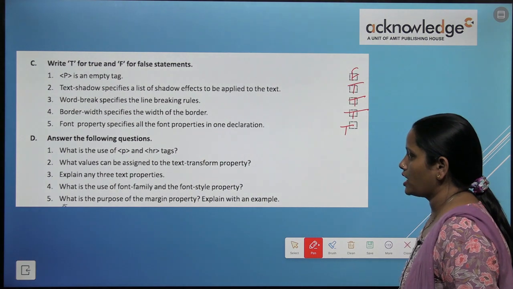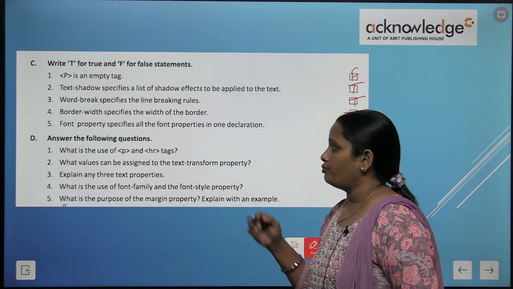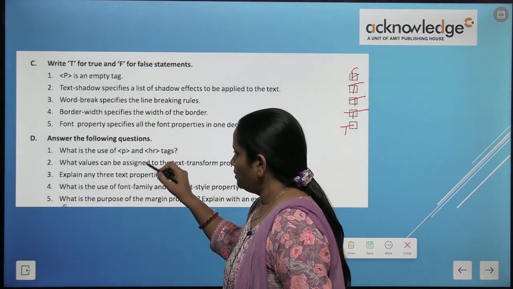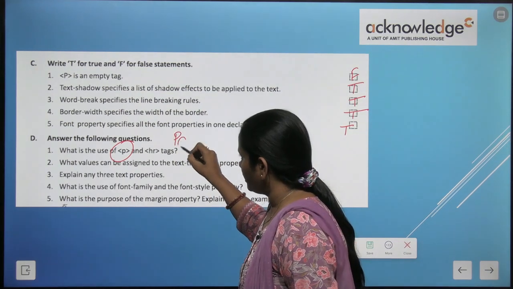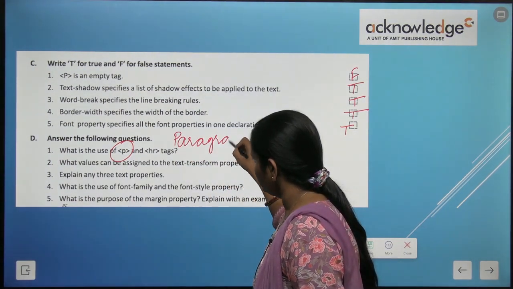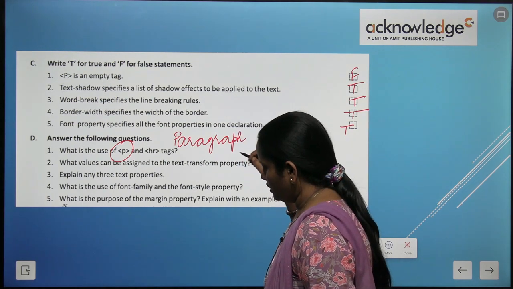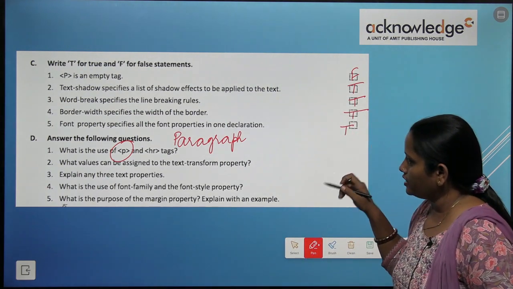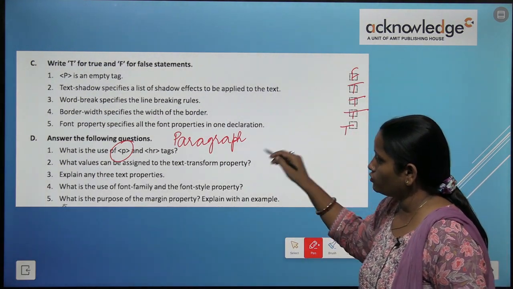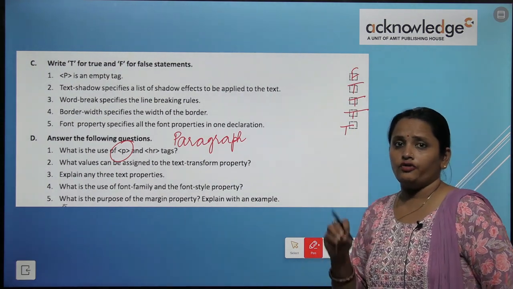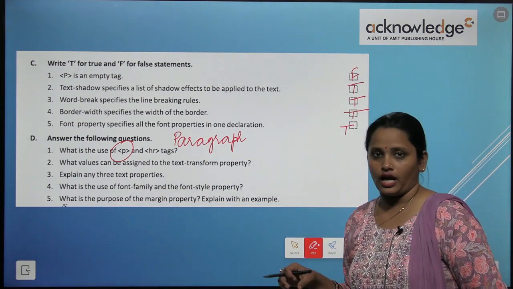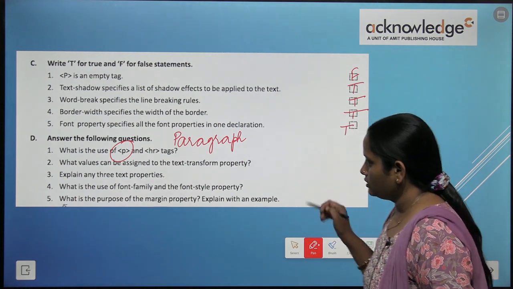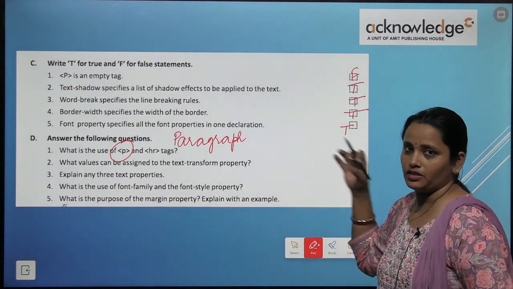Now quickly come to the question and answers. What is the use of P and HR tags? So here the P tag is used for paragraph. This P tag is used for writing down a paragraph if it is of more than one line.